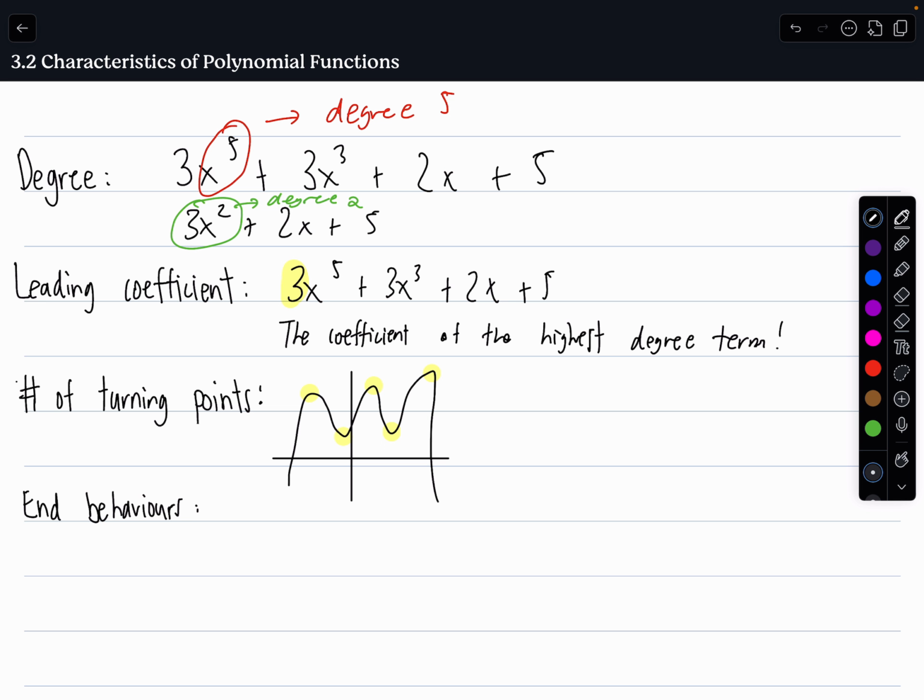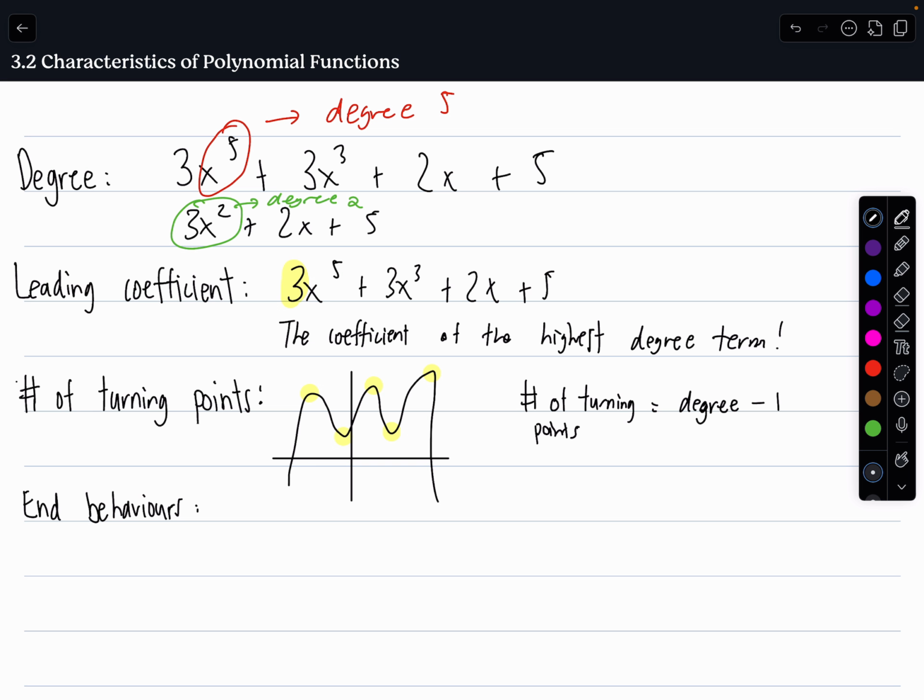But what if we didn't have the graph? How would we find the number of turning points? The number of turning points is also equal to the degree minus 1. So whatever the degree of the function is, that minus 1 will be the number of turning points.